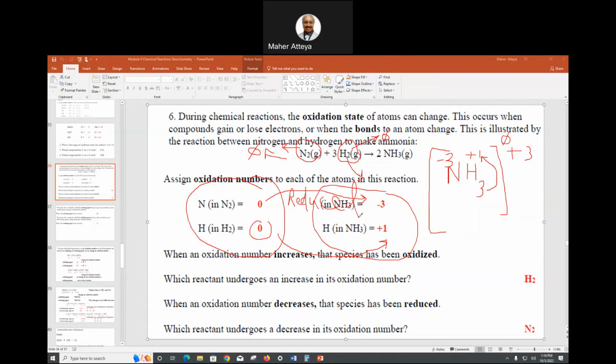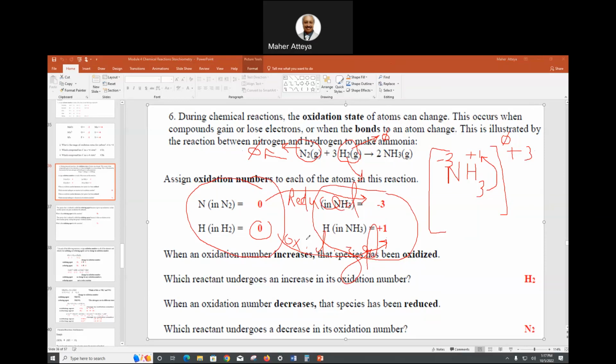Remember, 0 is here, -1, -2, -3. 0 is here, +1, +2, +3. So this one would be an increase, correct? So hydrogen is being oxidized. I apologize, the pen is not matching the touch screen here. So nitrogen is being reduced, hydrogen is being oxidized.